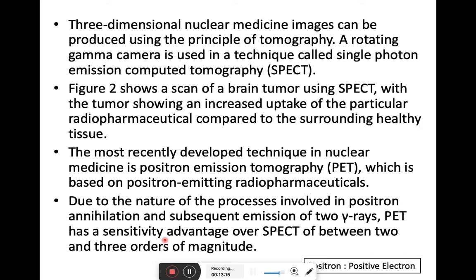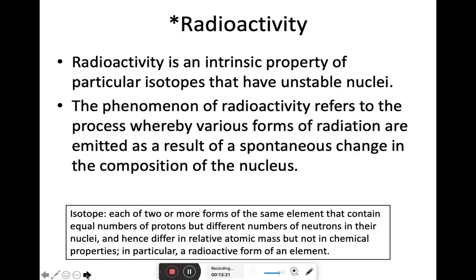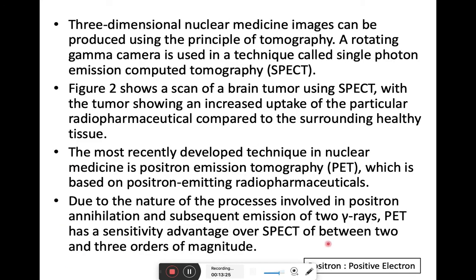This is an advantage compared to SPECT. I forgot to mention that positron is a coined term from two words, positive electron. So positive electron is positron in short.